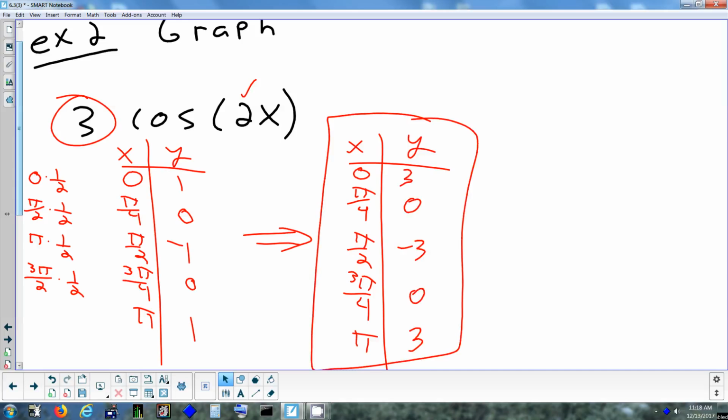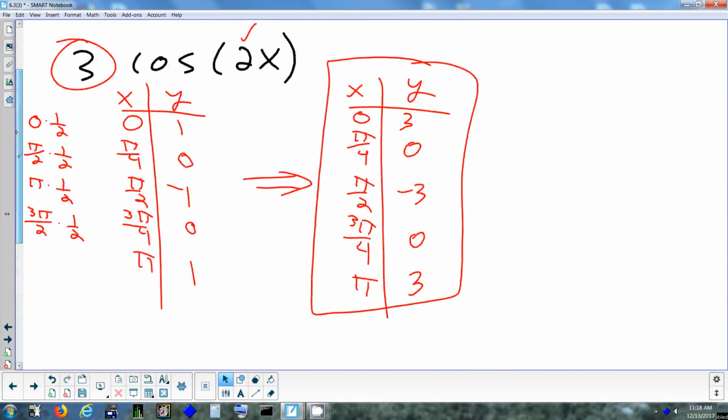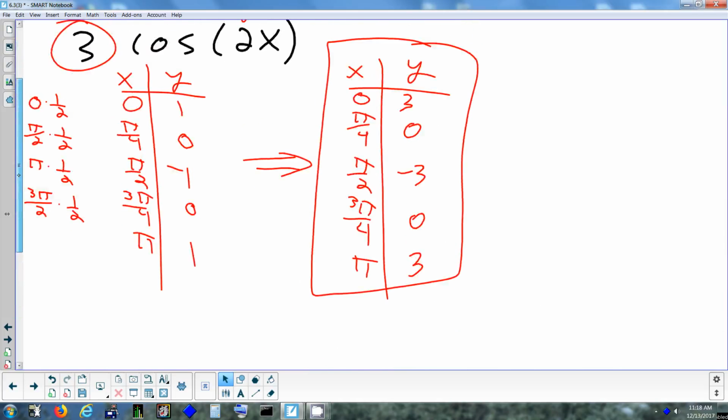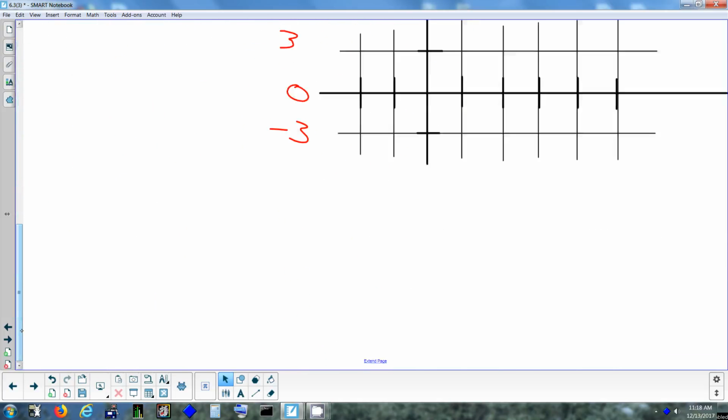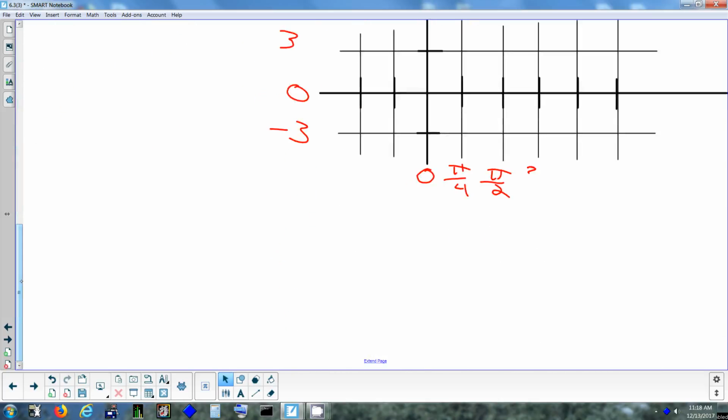Right, now let's make our sketch. I'm going to label my y-axis by 3's. My x-axis, did I skip 0? No. So if I don't skip 0, I'm not going to have to skip anything. So let's put our labels. 0, pi over 4, pi over 2, 3 pi over 4, pi.